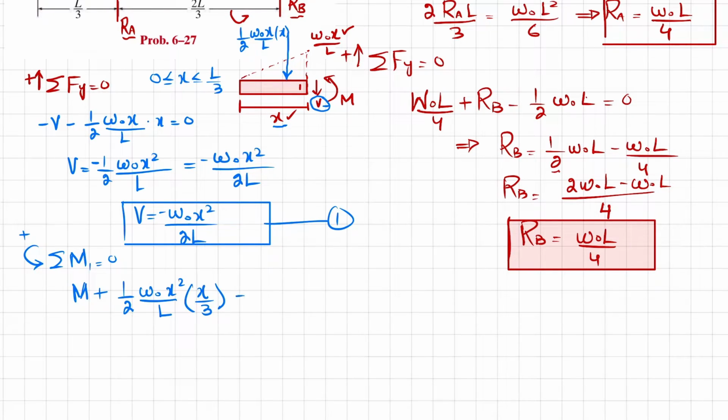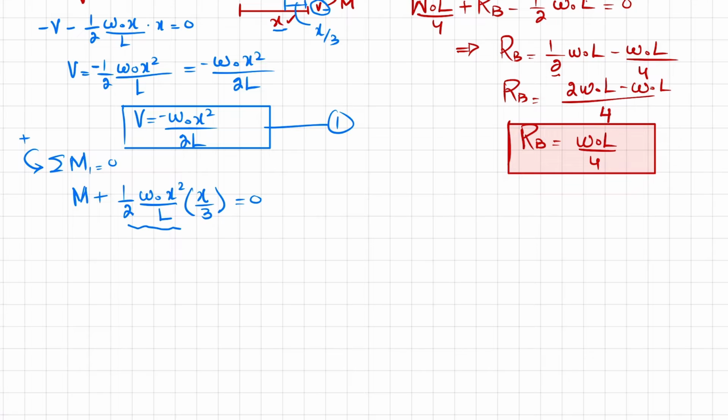Their sum must be equal to 0. So this total value is W naught X square over 2L, which is mentioned over here, and this perpendicular distance is X by 3. So when you calculate it, you will get moment is equal to minus W naught X cube over 6L. And this is our equation number 2.